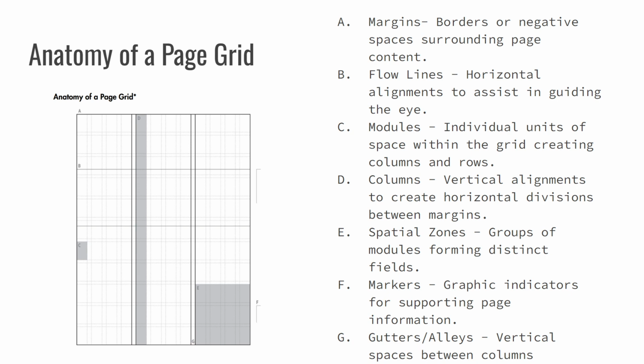Markers are graphic things for page information. I want you to think of a marker like the hamburger or the three dots for your menus. It's any sort of graphical shorthand that helps for page information. This comes from print, where you would have a marker for your margins, and you would also have your color bars.